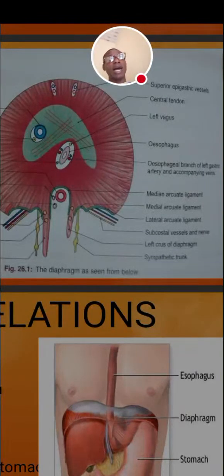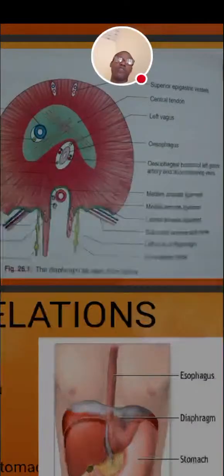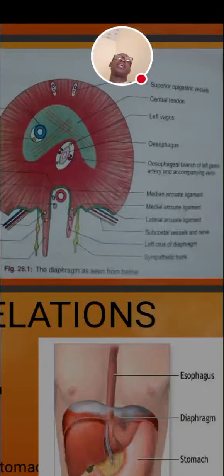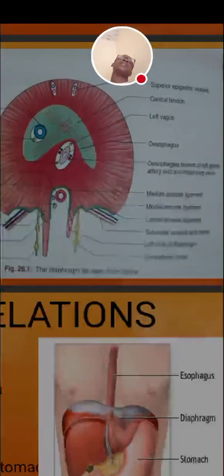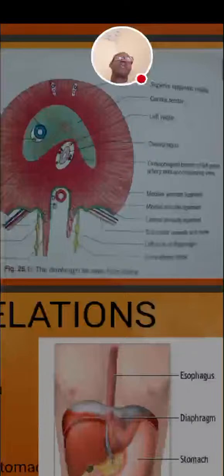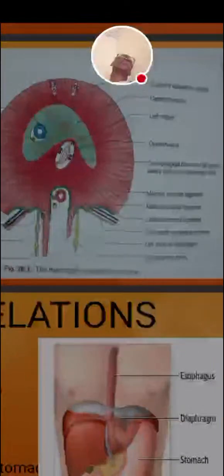We call it POLAL: P for base, O for of, L for lateral, A for arcuate, and L for ligament. Base of the lateral arcuate ligament.